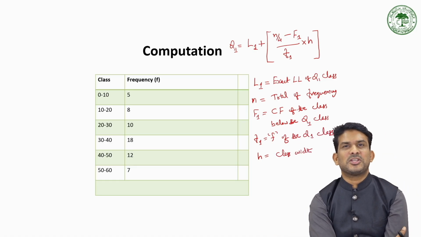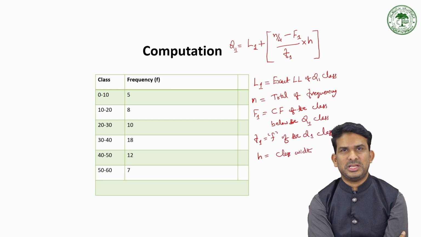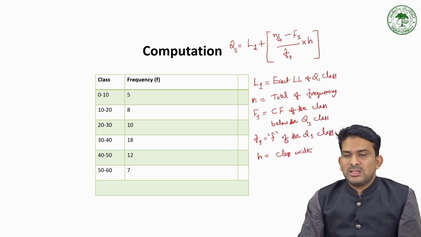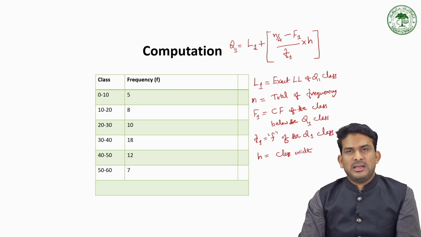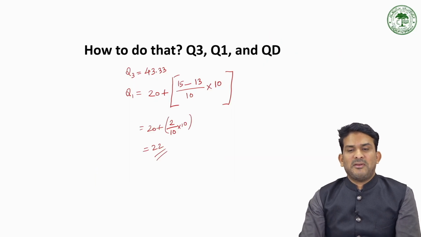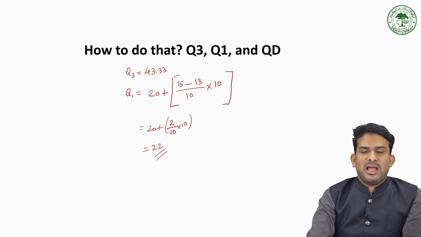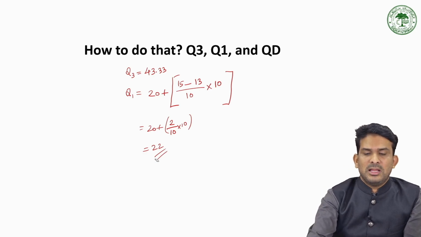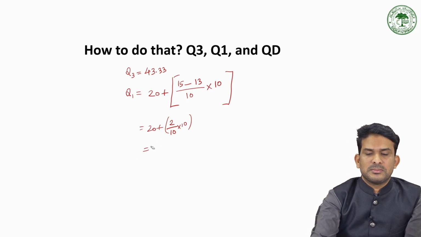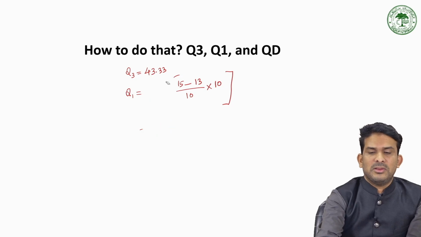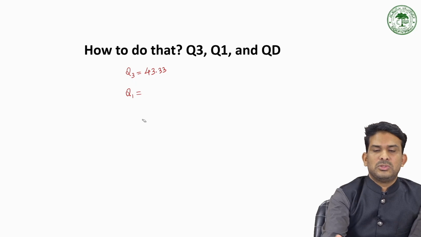This is the initial part of the quartile deviation equation, that is Q1. We have already identified Q3. Now we got the value of L1, N, capital F1, small f1 and h. Computed the value, we got finally 22 as the value of Q1. Let me rub all this and directly write the value of Q1. What is the Q1 value? 22.